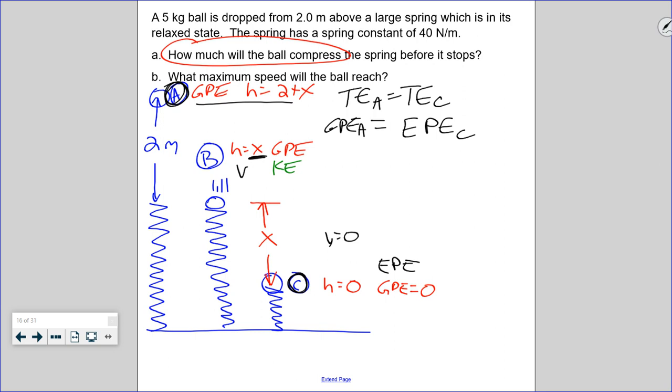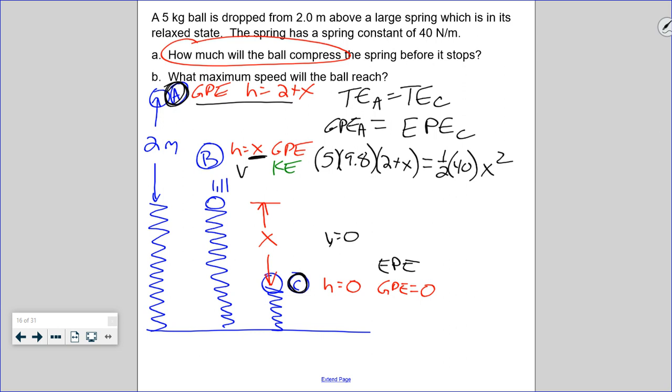Here we go. The GPE at A is the mass times 9.8 times the height, which is, stupidly, 2 plus x. That has to equal the elastic potential energy at point C, which is 1/2 times k, which was 40, times x squared. Now solve it.